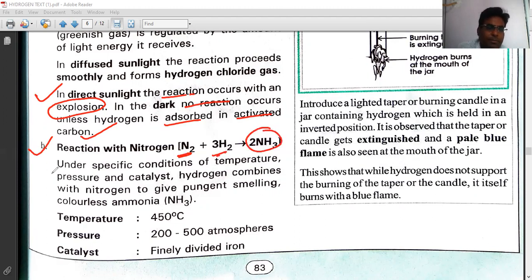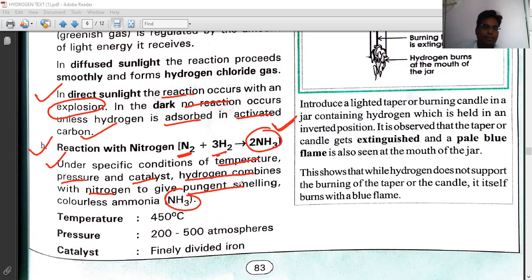For this reaction to happen, specific conditions should be there. Under specific conditions of temperature, pressure and catalyst, hydrogen combines with nitrogen to give the pungent smelling NH3. So ammonia has a pungent smell. When hydrogen reacts with nitrogen, it gives 2 moles of ammonia.